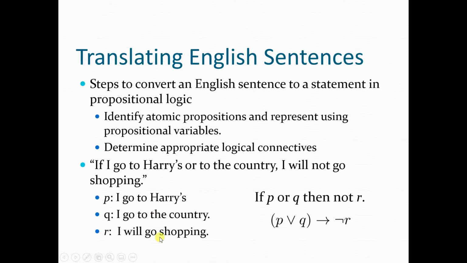Now, read this sentence again so that we can write it as a logical sentence in propositional logic. If I go to Harry's or to the country, that is P or Q. Then, this comma means then: I will not go shopping.